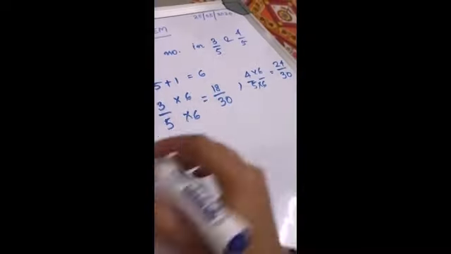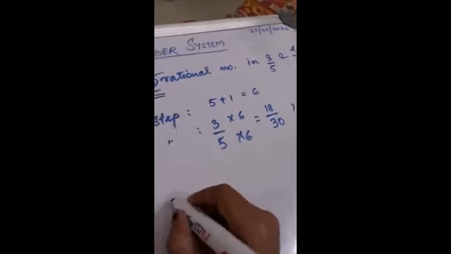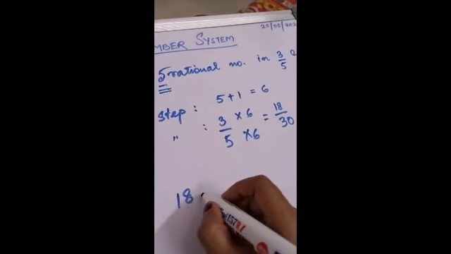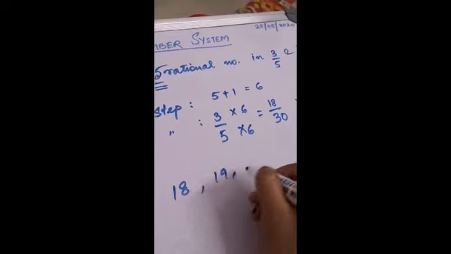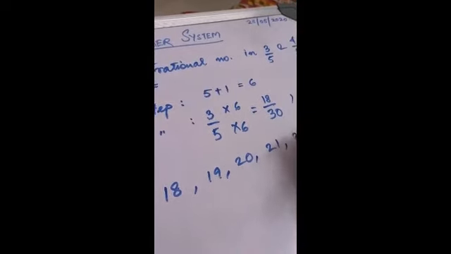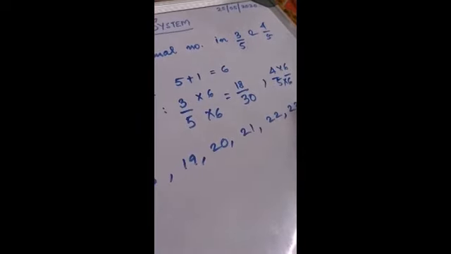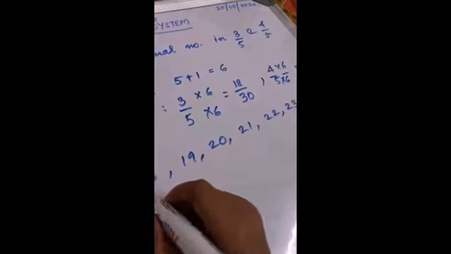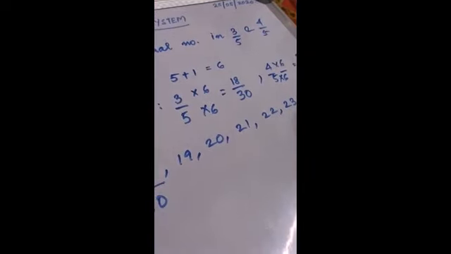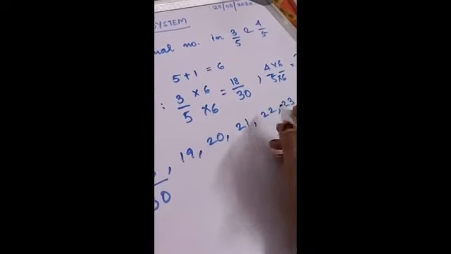So how many numbers are in between this? Okay, 18, 19, 20, 21, 22, 23 and 24. So between 18 by 30 and 24 by 30, how many numbers are there? You see, 5 numbers are there.